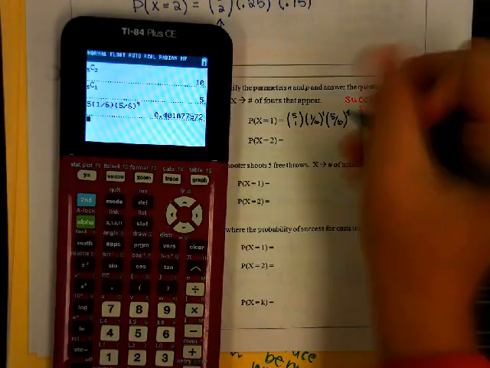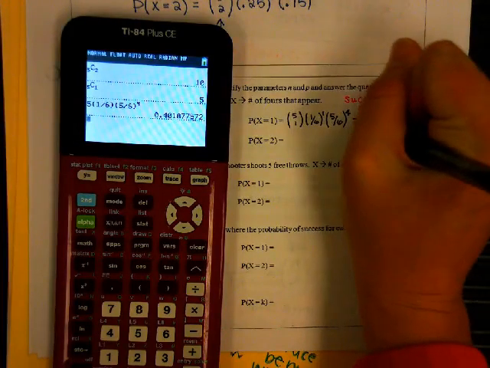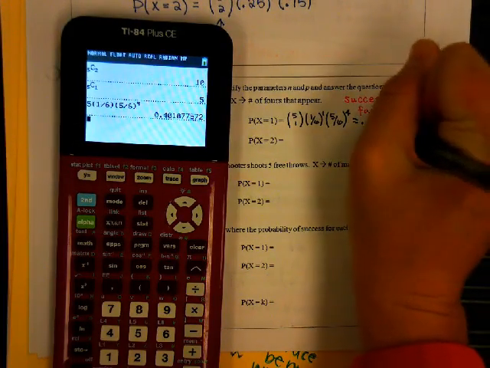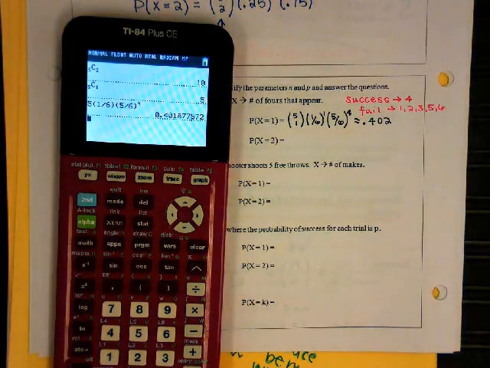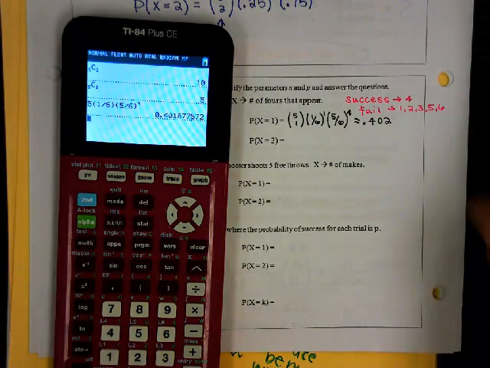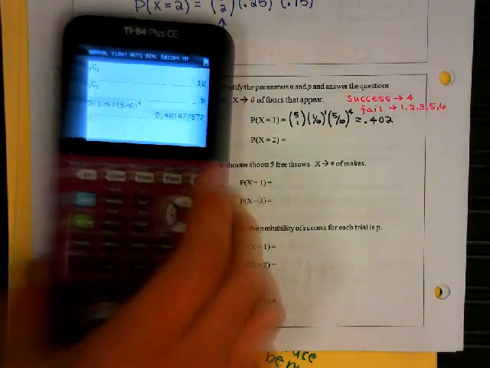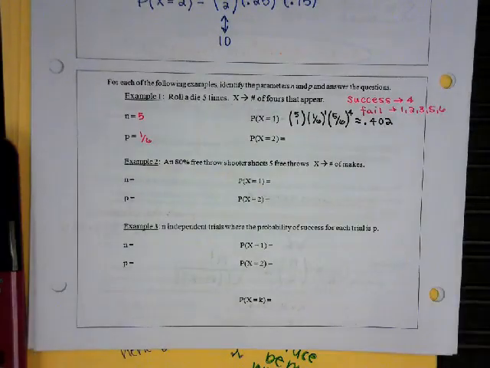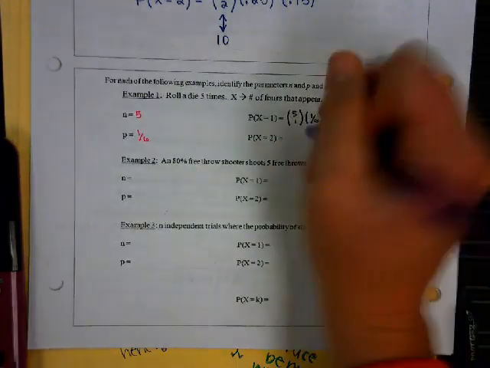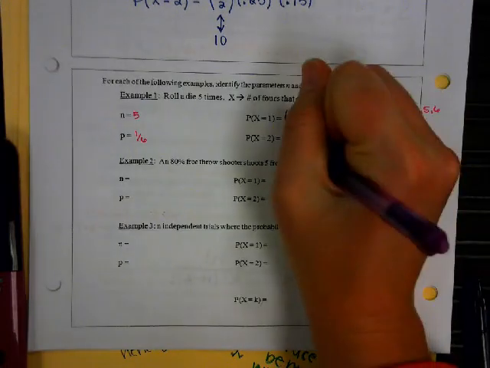So then what's the probability that we get 2 4s out of those 5 rolls? So we would have 5 choose 2. Probability of success raised to the number of successes. Probability of failure raised to the number of failures.